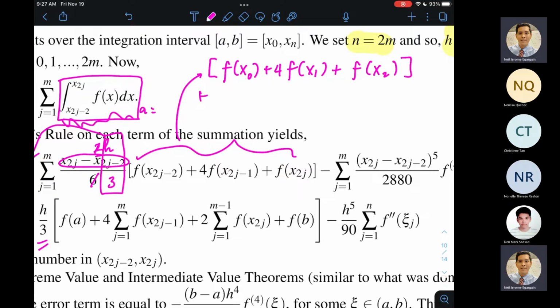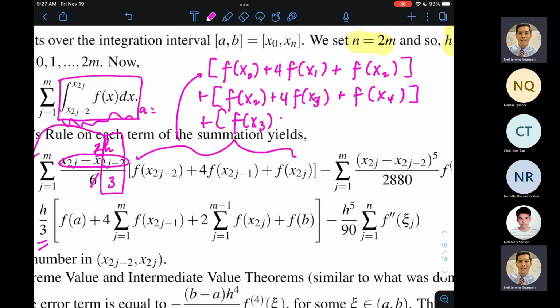When j is equal to 2, we'll have f of x sub 2 plus 4 times f of x3 plus f of x sub 4. And then when j is equal to 3, we'll have f of x4 plus 4 times f of x5 plus f of x6, and so on.